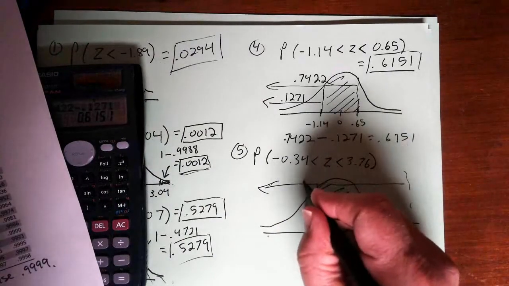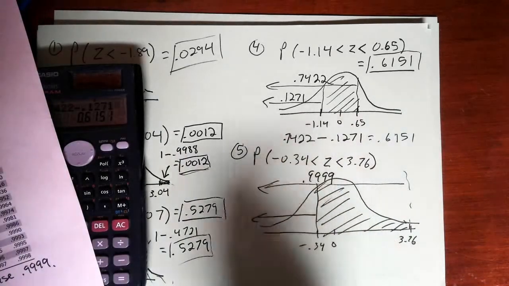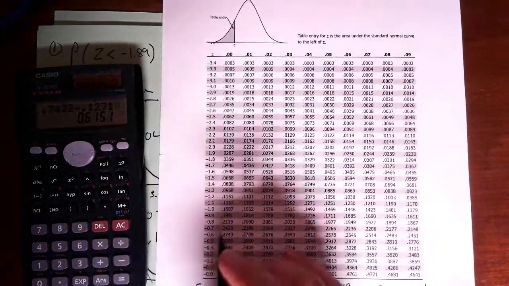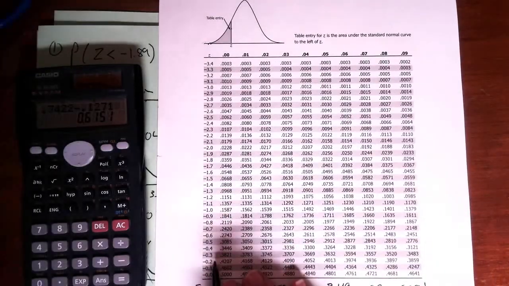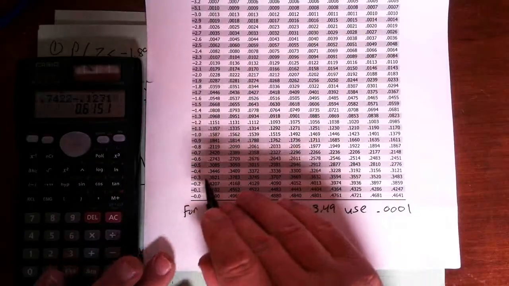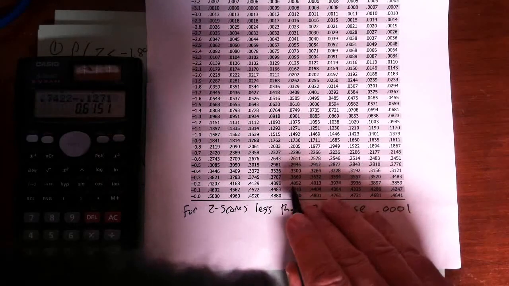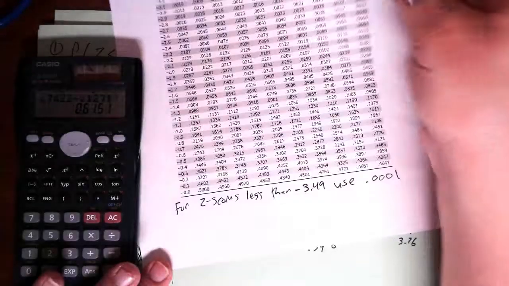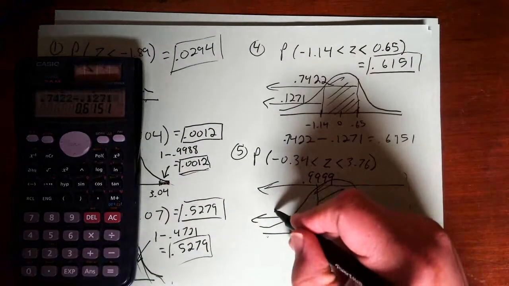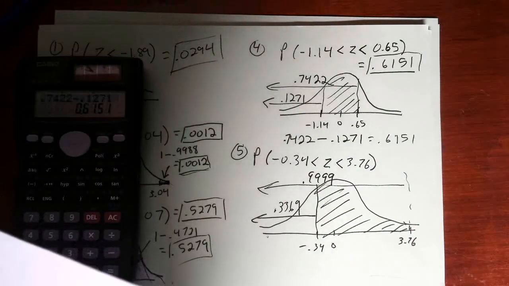So this one is like 0.9999. Okay, so now I look up this one, negative 0.34, and I get 0.3669. Just double check here. Yeah.